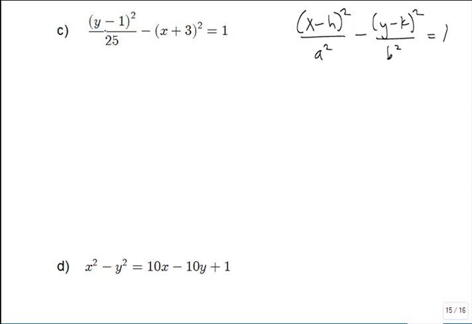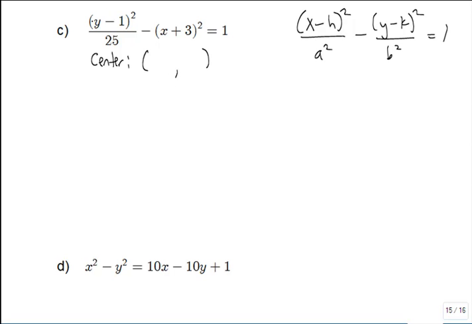But this is a hyperbola because it has the minus. All right, that's the giveaway. And because we have these parentheses with the numbers inside, remember that is going to cause us to have a shifted center. So instead of being centered at the origin, 0, 0, we need to move things around.